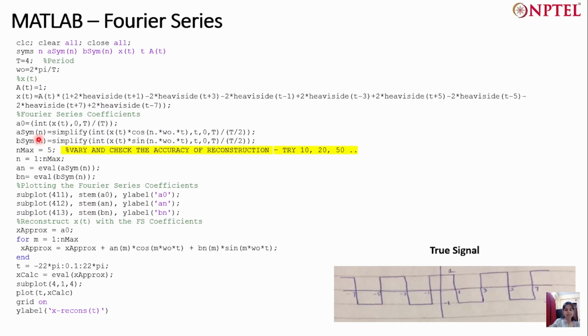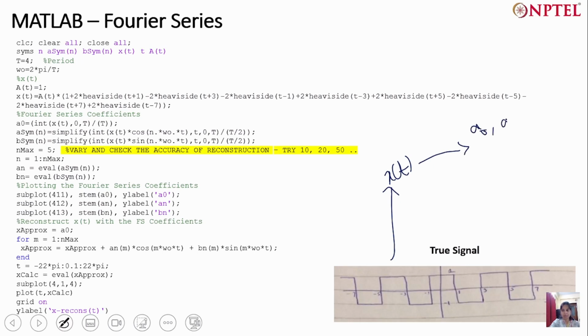Now after finding the Fourier series, I will try to reconstruct my true signal with the help of the Fourier series, and see whether we are able to reconstruct it correctly. I'm having some x of t. I found my Fourier series coefficients, a naught, a1, a minus 1, etc. Now with these coefficients, I will construct x cap of t and see how close it is to x of t.